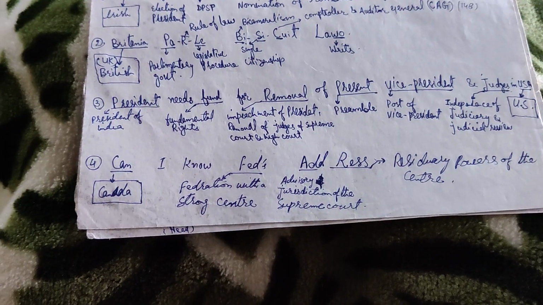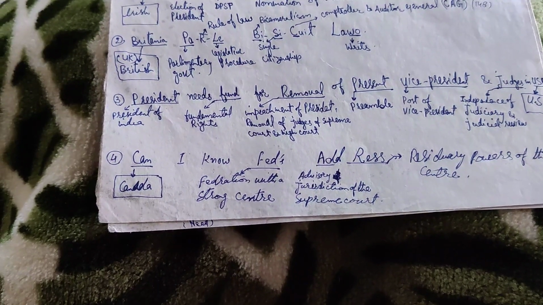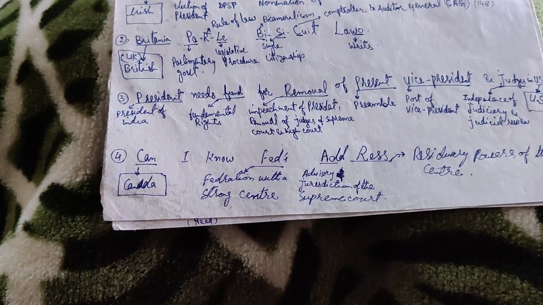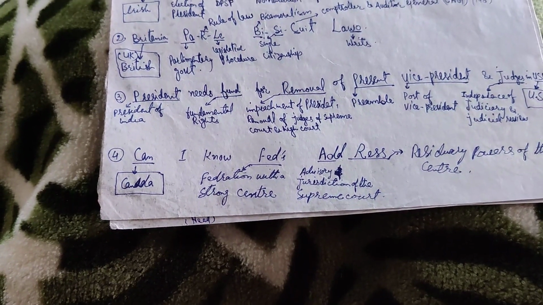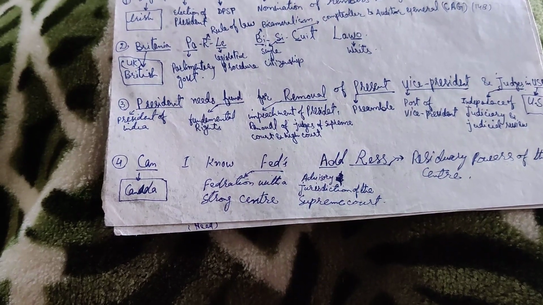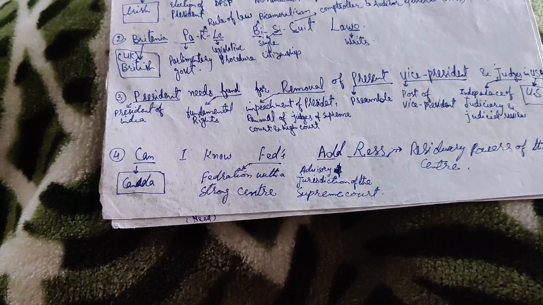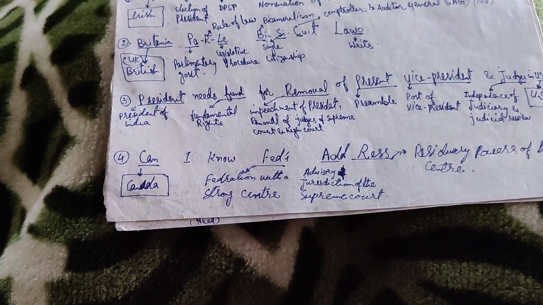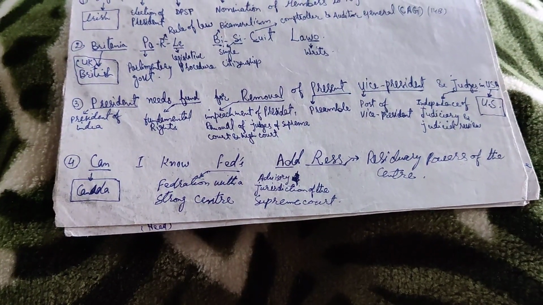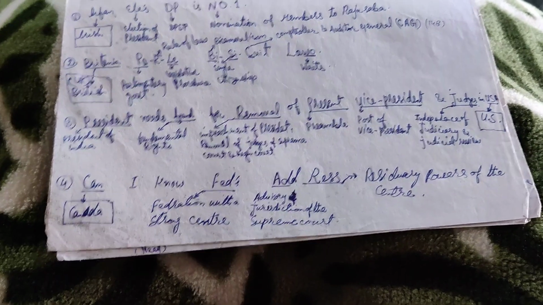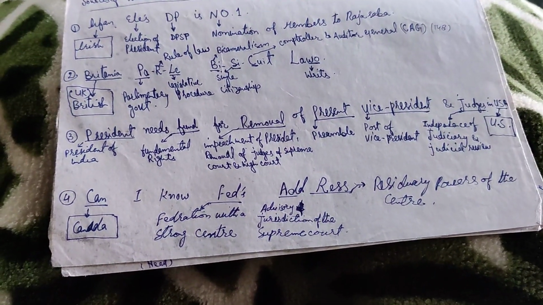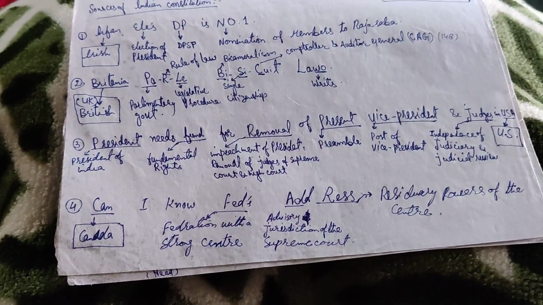Removal means impeachment of president and removal of judges of Supreme Court and High Court. Present stands for preamble. Vice President stands for post of Vice President, and Judges stands for judiciary should be independent from the legislature.